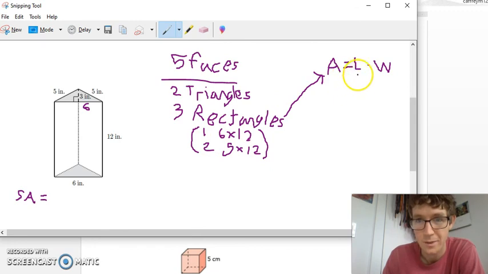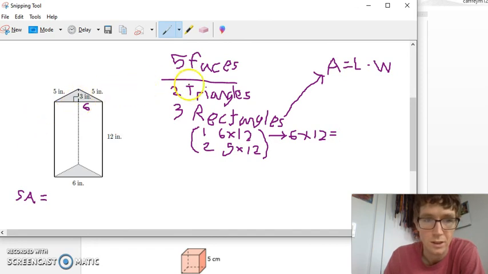So for this rectangle, we just have to do 6 times 12. 6 times 12 is equal to, what is that, 72. So basically what I want you to think of is, we just found this front rectangle.